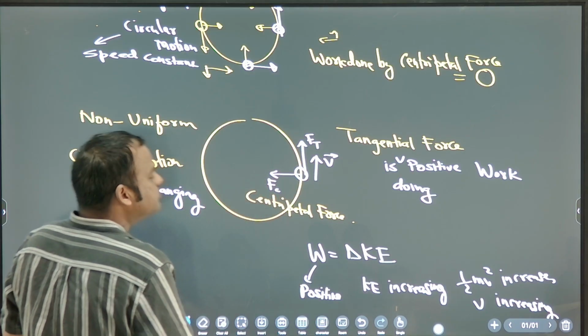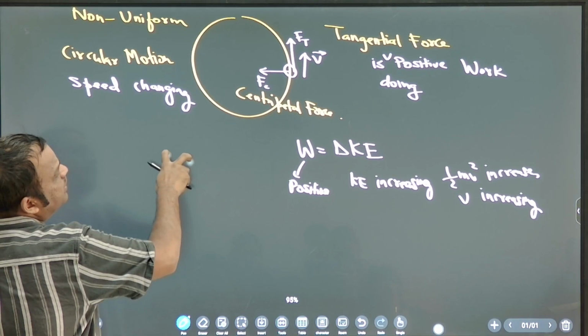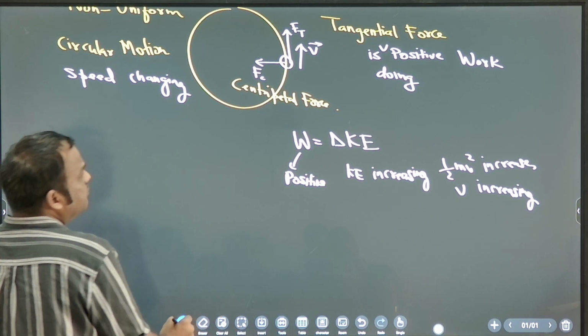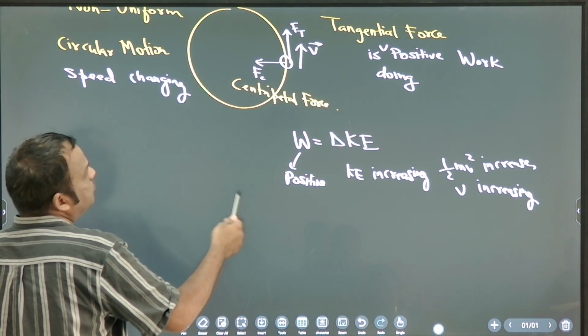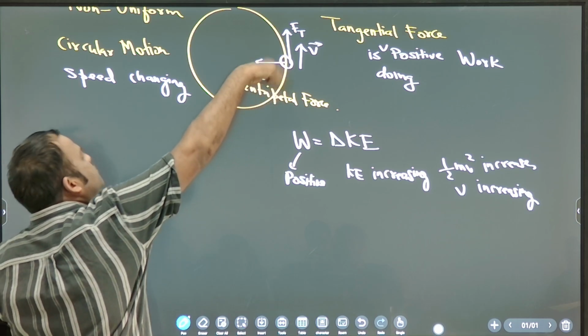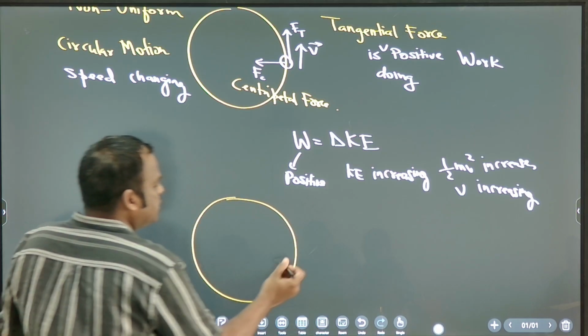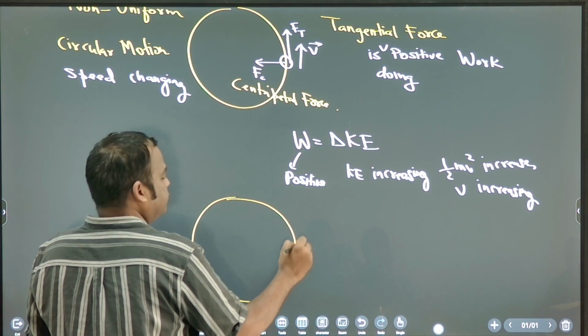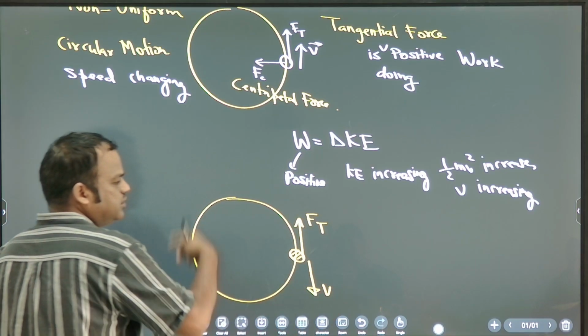Okay, clear? If speed is decreasing, what is the case? Opposite. Very good. So they are opposite. For example, this is the tangential force, and velocity is opposite.